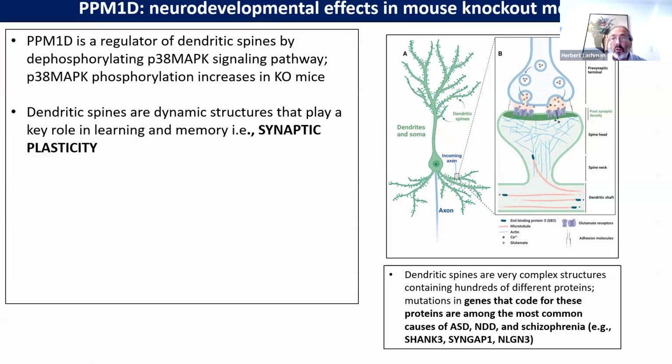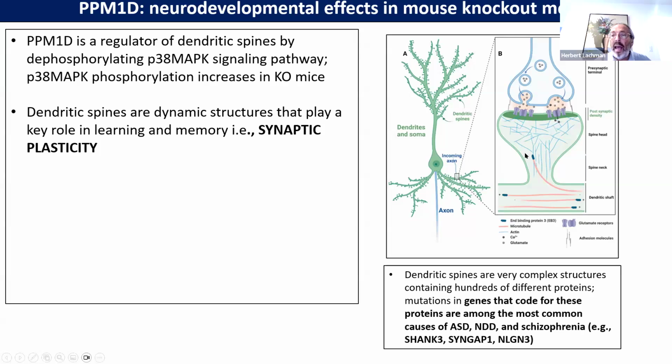They change all the time. So listening to this talk, listening to other talks is affecting these spines in various parts of the brain. And this is basically the fundamental process through which synaptic plasticity occurs. And this is the change in synaptic architecture due to learning and memory.